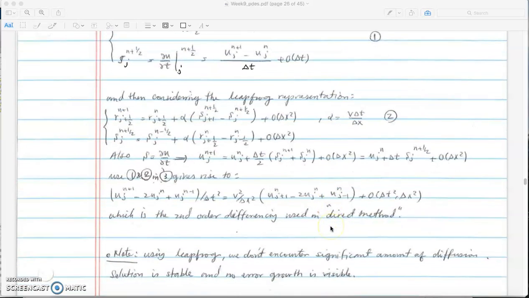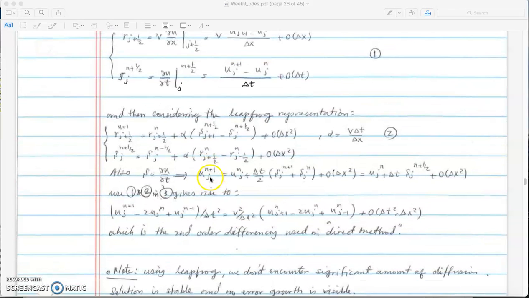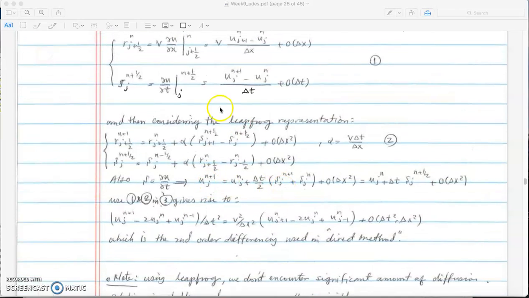All right, now we're going to plug this equation in here, and whenever we need r, we're going to use that equation. So let's see what happens.